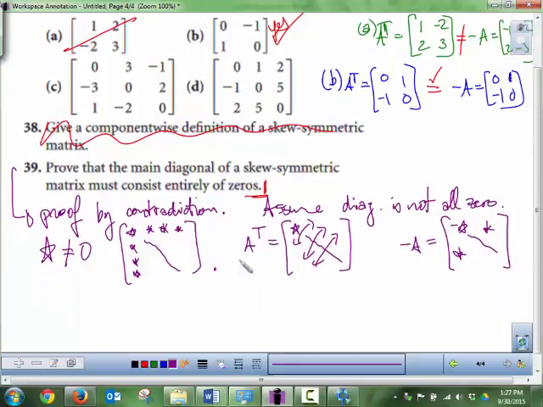Now, is there any chance at all for A transpose and negative A to be equal to each other? There's absolutely no chance for A transpose to equal negative A, since star, if it's not equal to 0, will never equal negative star.